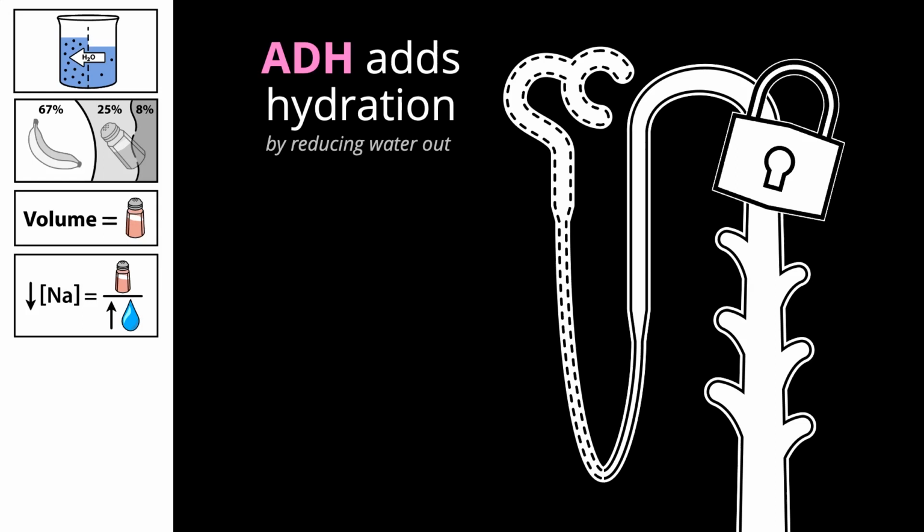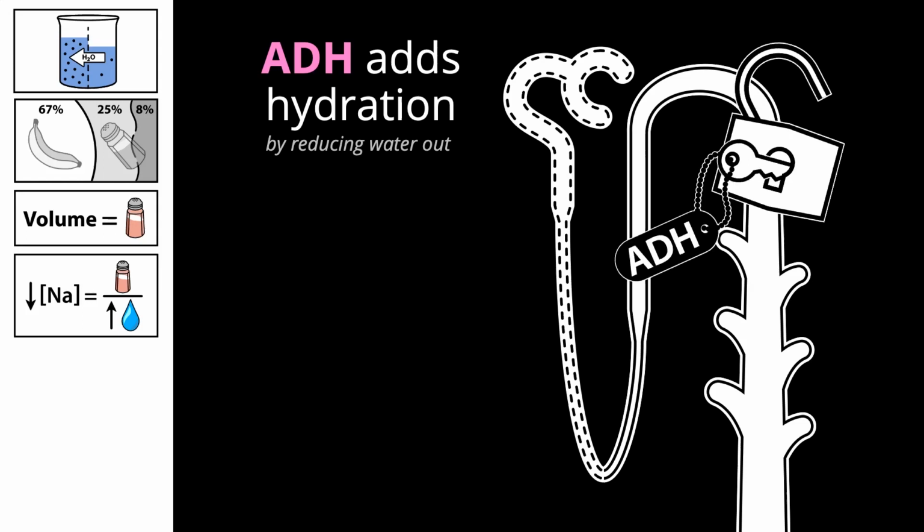Water cannot cross. But the tubules are special because they respond to ADH, which is the key that can unlock the tubules and allow water to be reabsorbed. So when it's unlocked, we have water being reabsorbed. And it's because the tubules are passing through that concentrated medullary interstitium that we're able to reabsorb so much water.